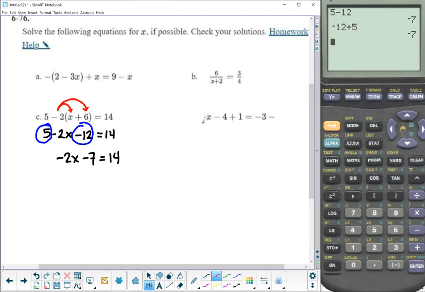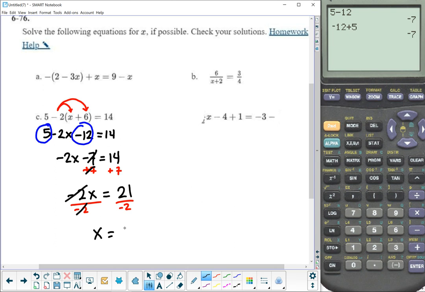Right. From here, we're going to go ahead and add 7. So we get negative 2x equals 21. Okay, and from here, go ahead and divide by negative 2. These cancel, even the negatives, yes.